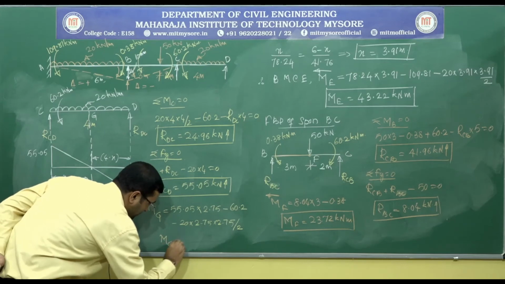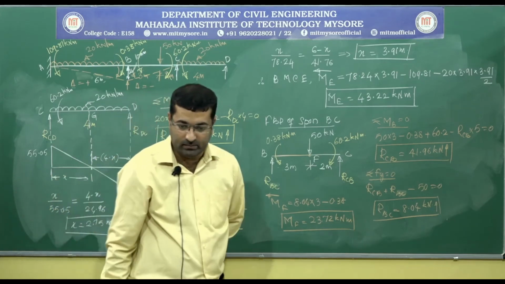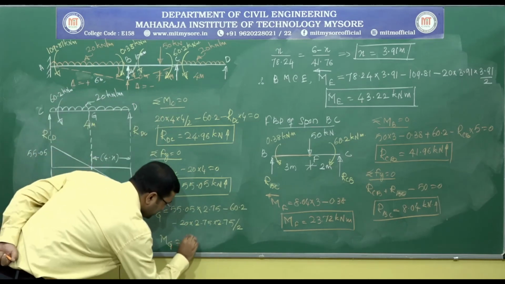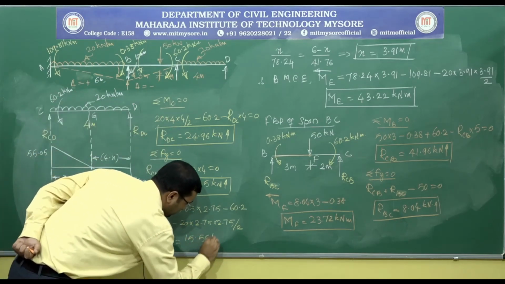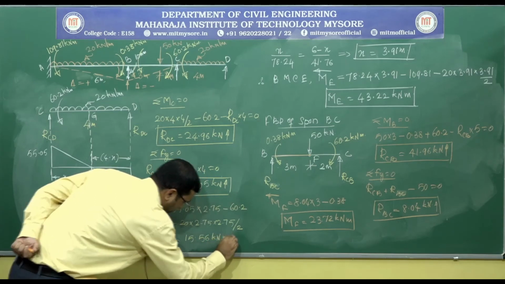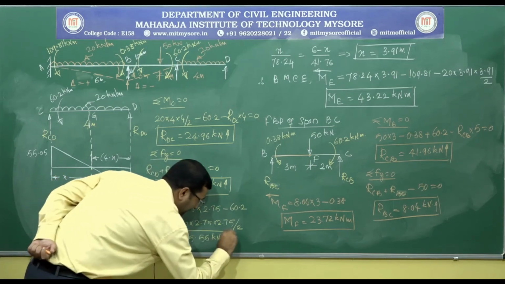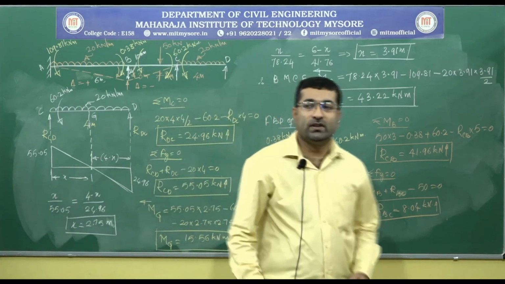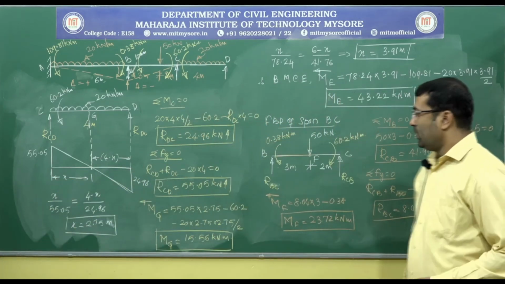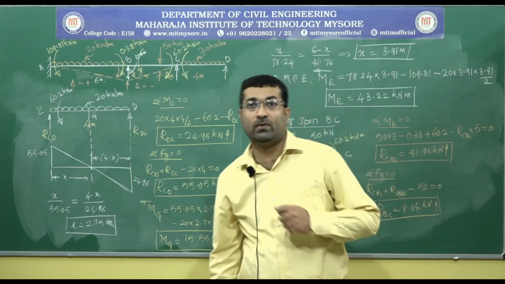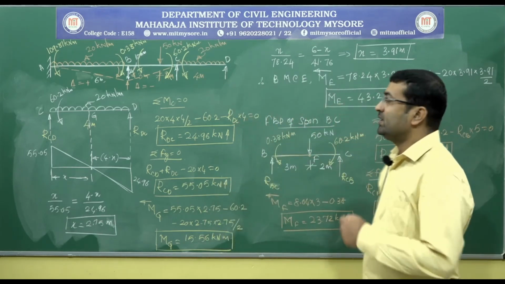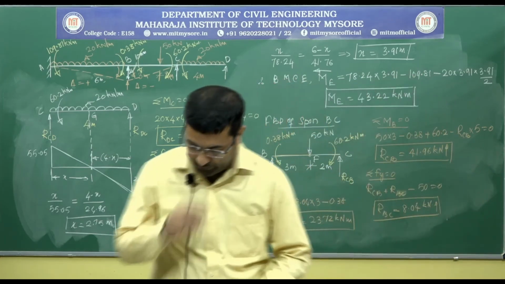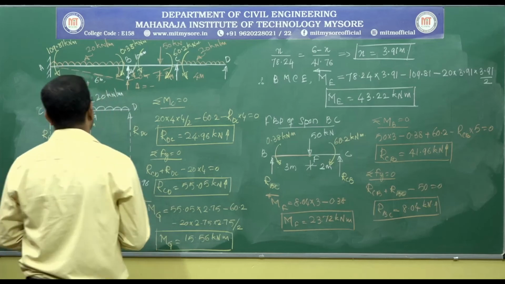This gives you MG as 15.56 kilonewton meter, right? Okay, so these are the values. Now with the help of these values we need to draw the shear force and the bending moment diagrams. Okay, let us see.